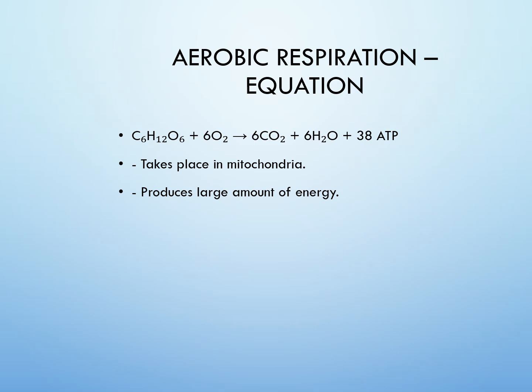Actually, 38 molecules are produced and 2 are again consumed in one of the processes of aerobic respiration. So we can say 36 or 38 molecules are produced in aerobic respiration. Another important thing we must notice is that aerobic respiration takes place in the mitochondria.